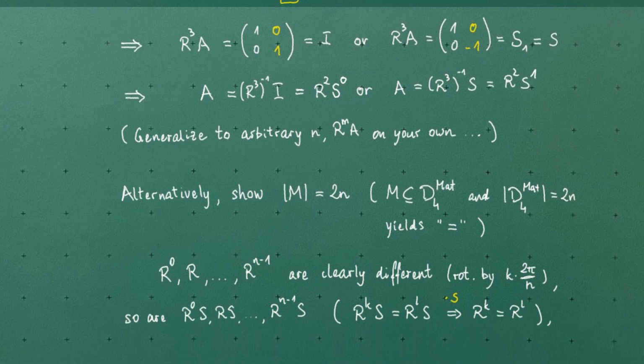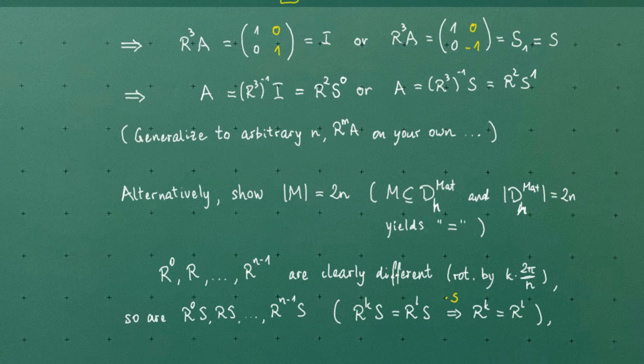Then, alternatively, without all this matrix theory, you could simply show that here this set contains 2n elements. Then we know it is a subset of this set here. Again, here must be an n. And this already has 2n elements, so this leaves no choice but being equal.